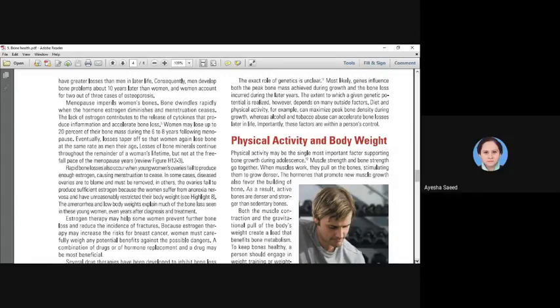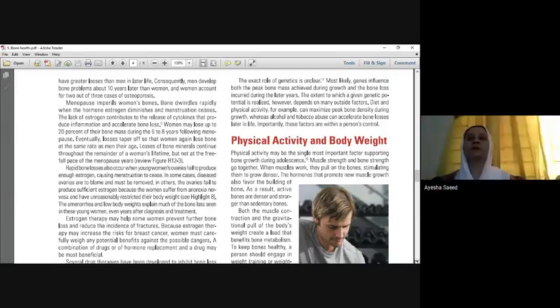The lack of estrogen contributes to the release of cytokines that produce inflammation and accelerate bone loss. Women may lose up to 20% of their bone mass during the 6 to 8 years following menopause. Eventually, losses taper off so that women again lose bone at the same rate as the men their age.